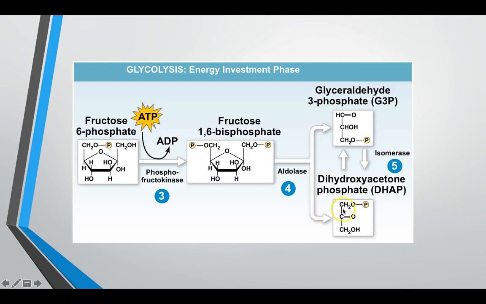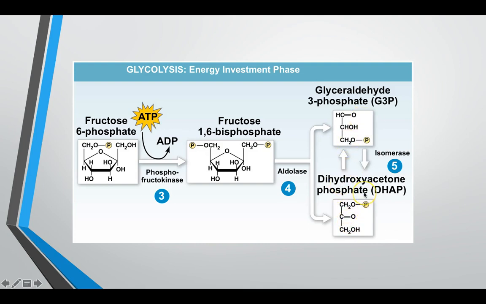They're both 3-carbon containing compounds. They both are phosphorylated on one of the carbons. So these 2 molecules are interchangeable. And the enzyme, again, that can turn a compound into its own isomer is an isomerase, a triose isomerase. Triose because these are 3-carbon compounds.